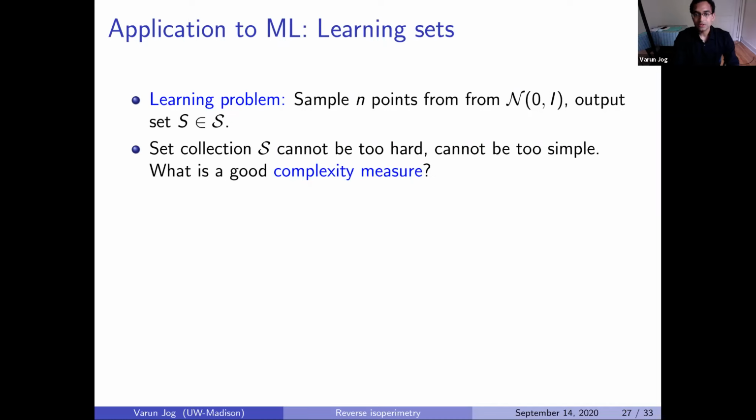But if you restrict the class of sets to some reasonable family, let's say convex sets, or I don't know, half planes, then you can solve these questions and get a bound on how many questions you need to ask. Right, so the complexity measure is the measure by which you are restricting the class of sets that you're considering.